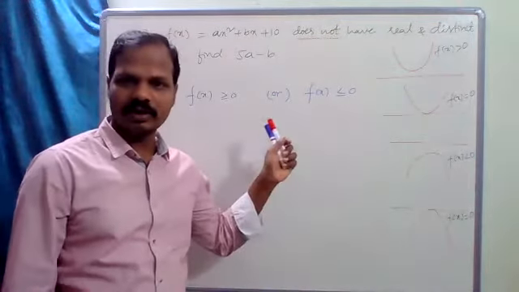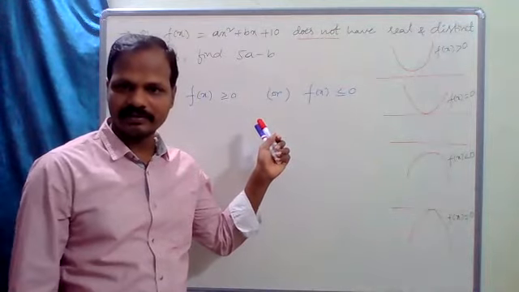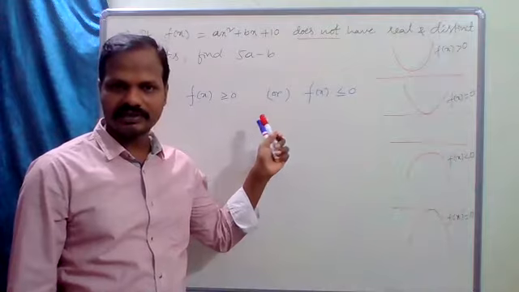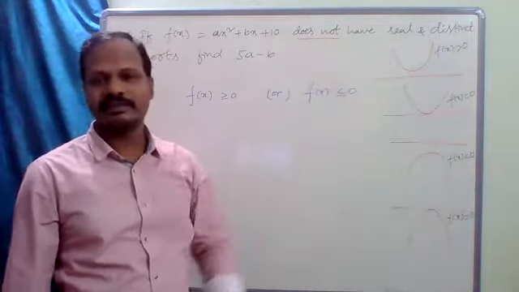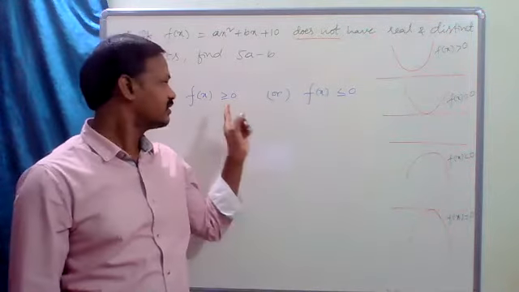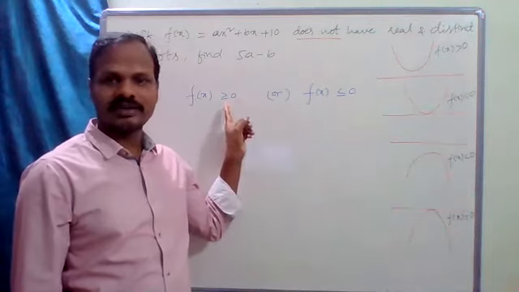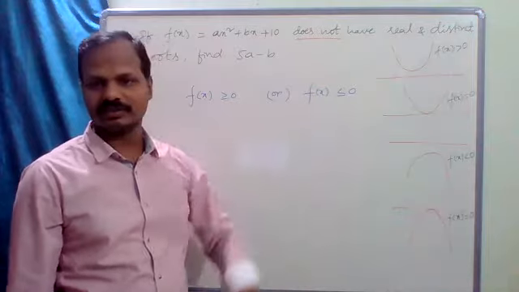Is this point clear to everybody? This is the main point in this problem. Does not have real and distinct means real and equal or imaginary. Equal case, f of x equal to 0. Imaginary case, f of x greater than 0 or f of x less than 0.